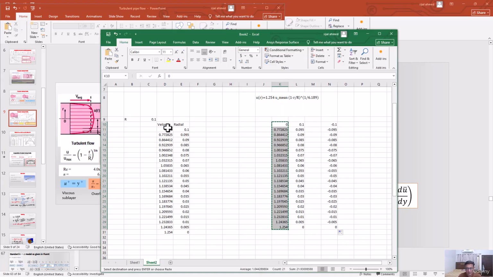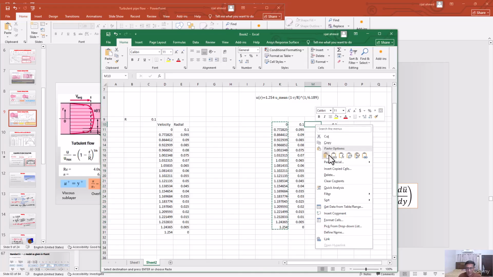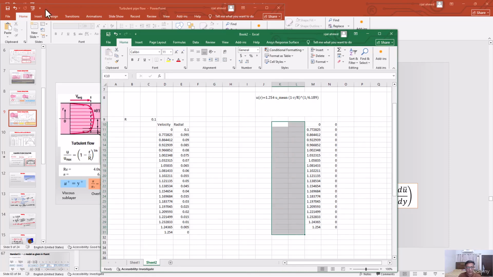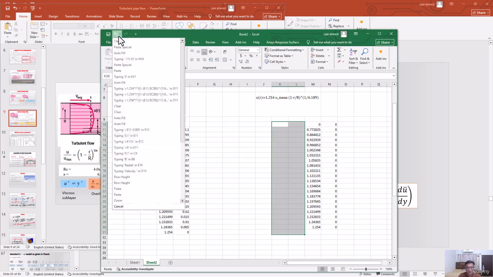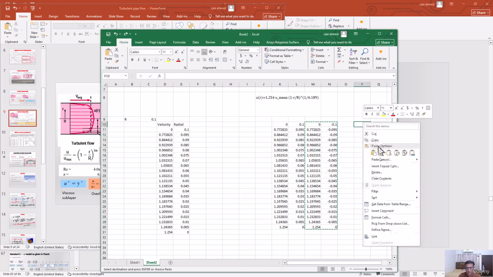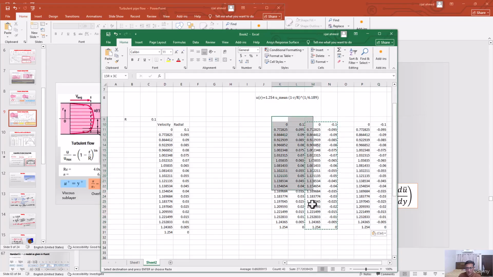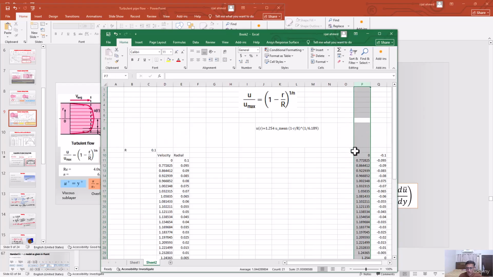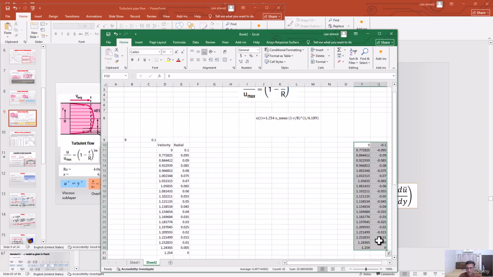So the 0 will be at the points +0.1 and also at -0.1. Sorry, you have to copy them again, and this time paste just the values, simply the numbers. Now you can delete these things from here and take these values out on the top column.